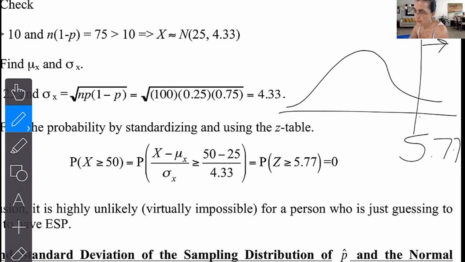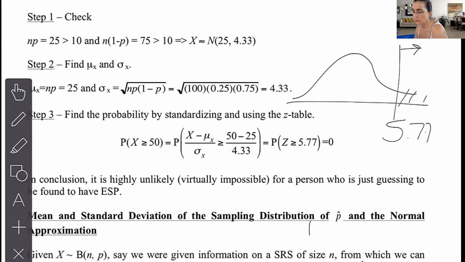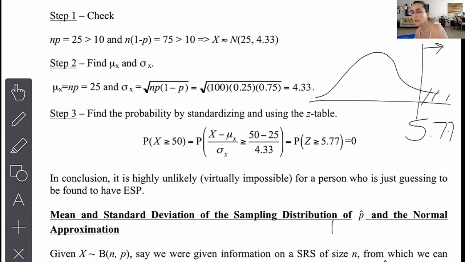The chance of being almost 6 standard deviations above the mean, if this is a normal distribution that we've assumed, is so small, we're going to call it 0. So in conclusion, the chance that someone just guessing would be found to have ESP is so small, we're going to just call it 0. Okay, 0 chance.